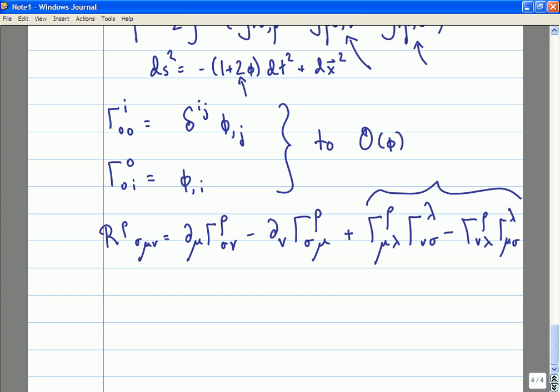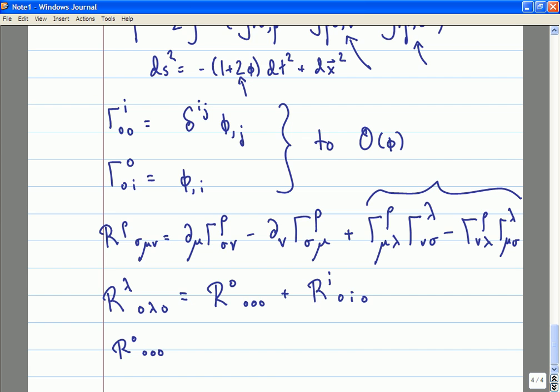So what we need to compute is R^lambda_{0 lambda 0}. So we need to set sigma and nu equal to 0, and then sum over the possible values of lambda. That will be R^0_{000} plus R^i_{0i0}, where i runs from 1 up to 3. Well, what's R^0_{000}?